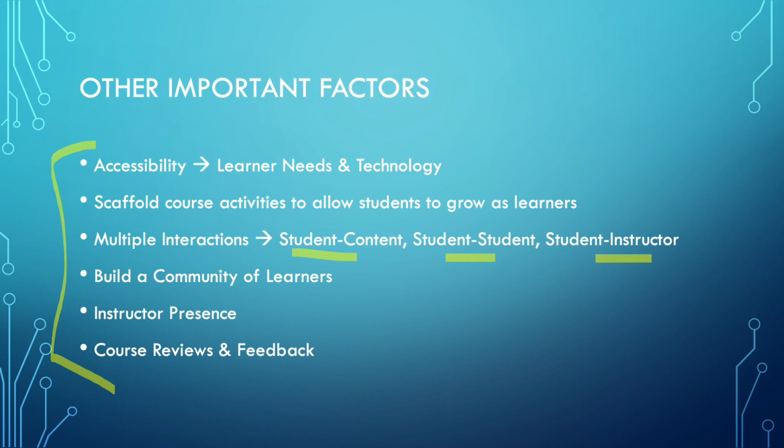So how they interact with content, each other, and the instructor, how you build your community of learners, what your role will be in your online classroom and how you'll be present for your students, and the importance of doing course reviews and gathering student feedback. These factors are incredibly important. I would love to talk about them another time, but for now, we've gone through the major 5, and I hope you have found this useful in the redesign or the design of your own online geoscience courses.